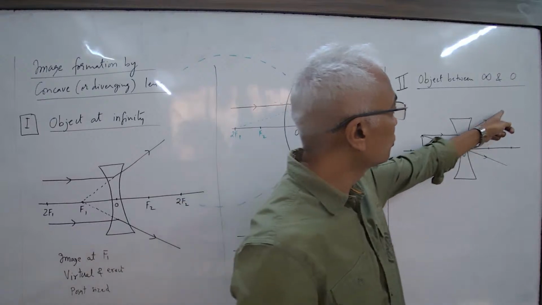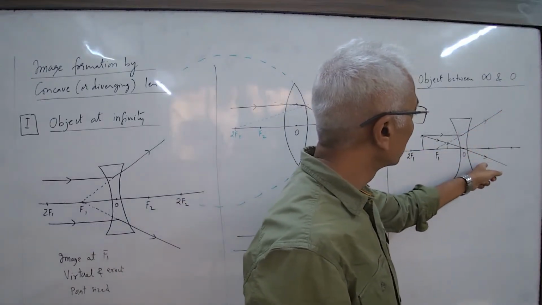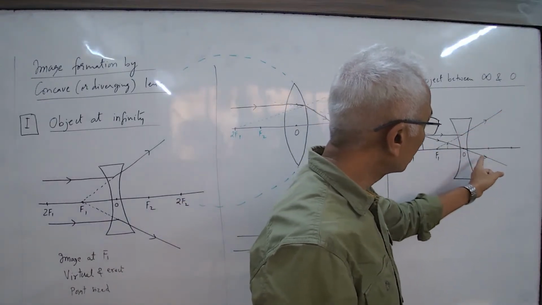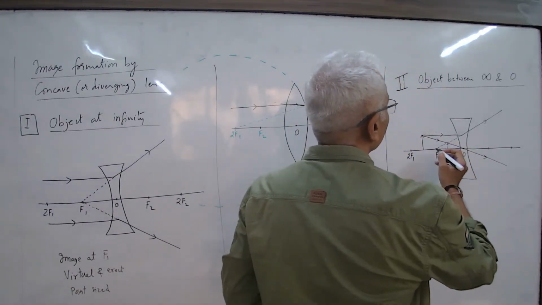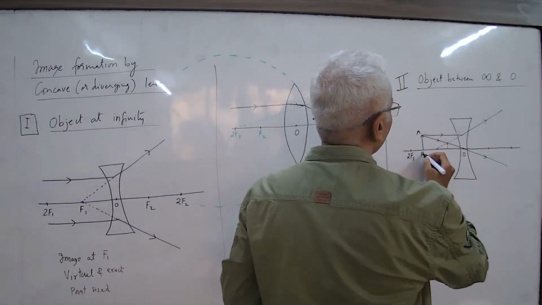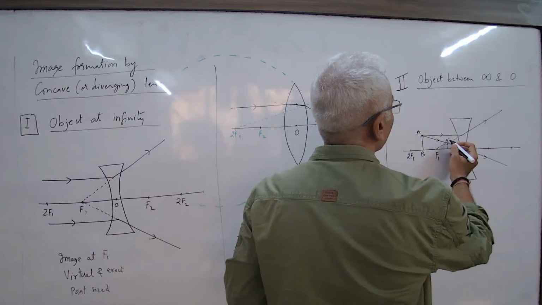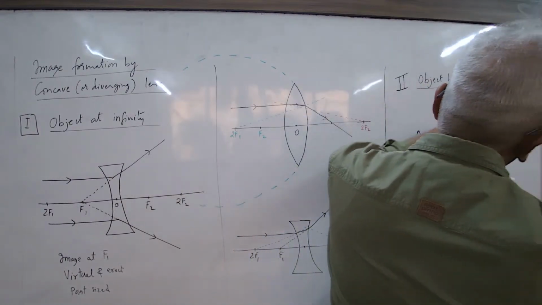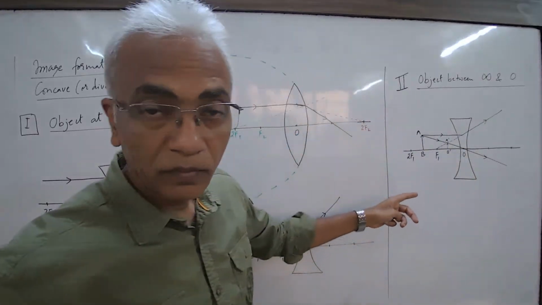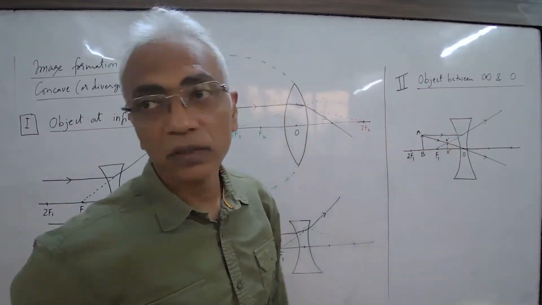So these two rays appear to come from this point. So this is where we'll consider that the image is formed. Wherever these diverging rays appear to emerge from, it is emerging from this point.